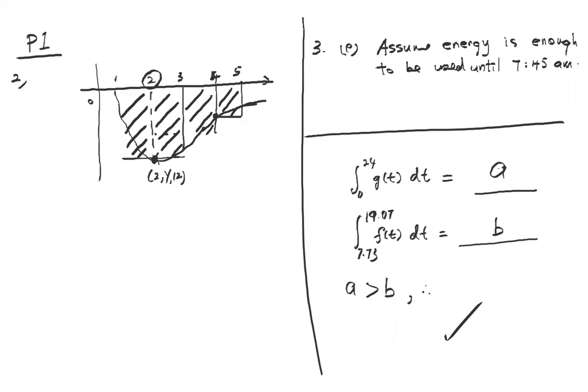You make a conclusion. The energy generated is less than the total energy used for the day. So therefore, not enough. I'm making an assumption here. Clear?